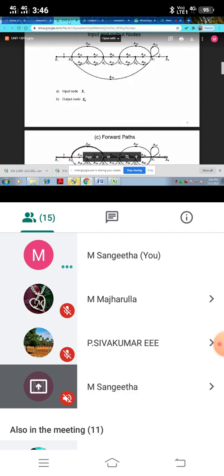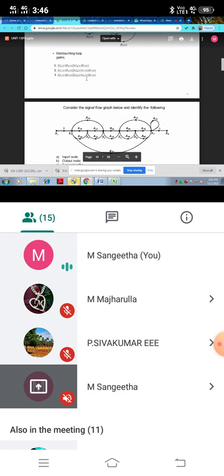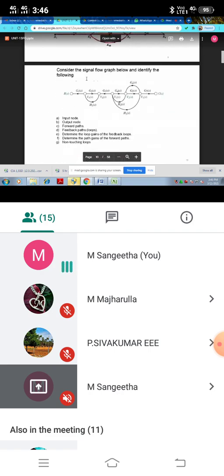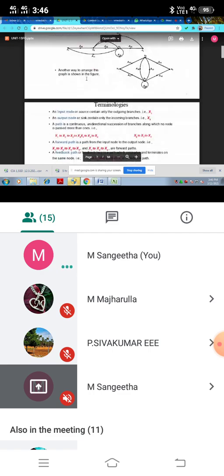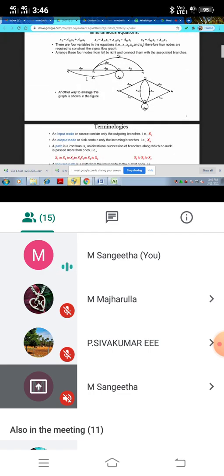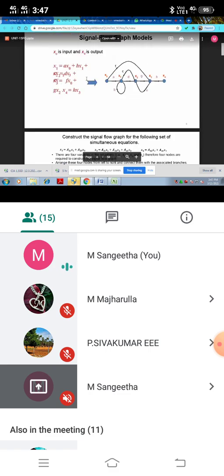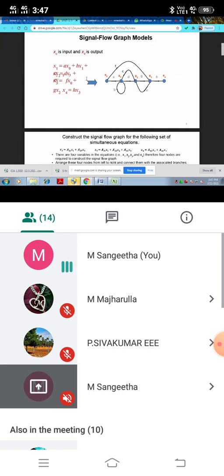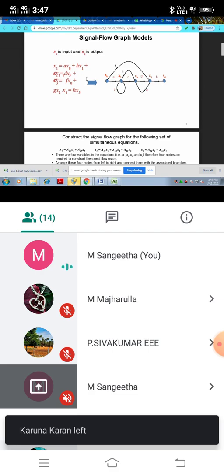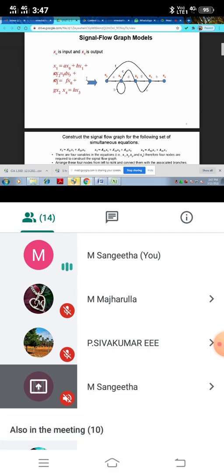Now we have to move on to another topic of this control system. Before going to the second topic, we recap the first unit. In the first unit we looked at what is meant by an open loop system and a closed loop system, and how to tackle them.